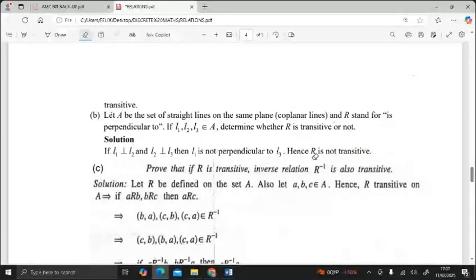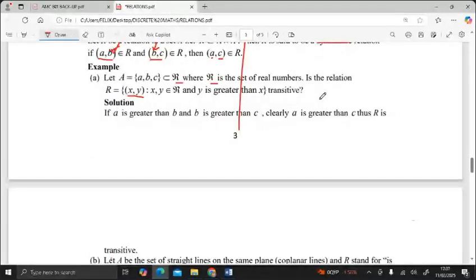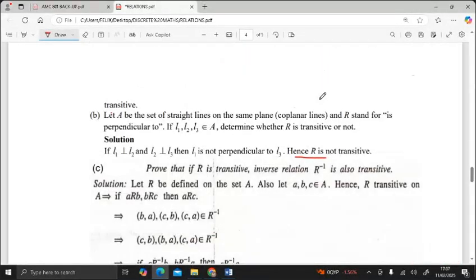There is no way that L1 is perpendicular to L3, and therefore that relation is not transitive. That is exactly what we're talking about here. I think you can see that clearly. That is why we're saying, determine whether R is transitive or not. You clearly see that that is not transitive.